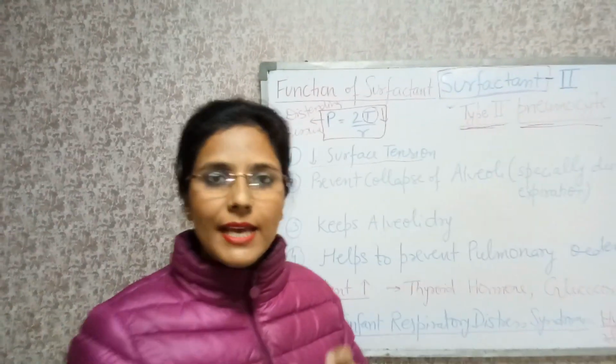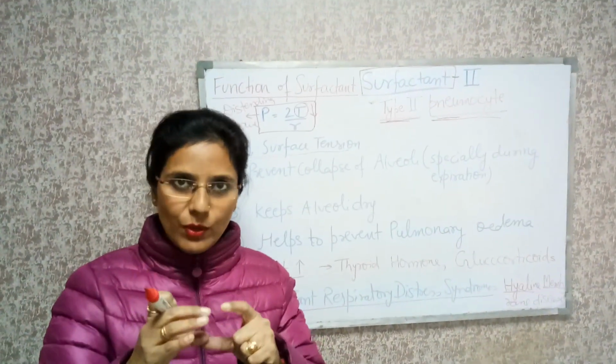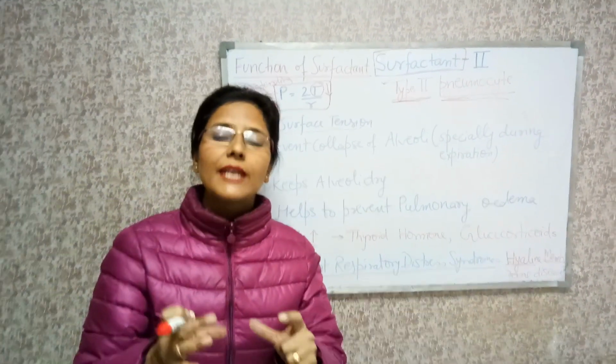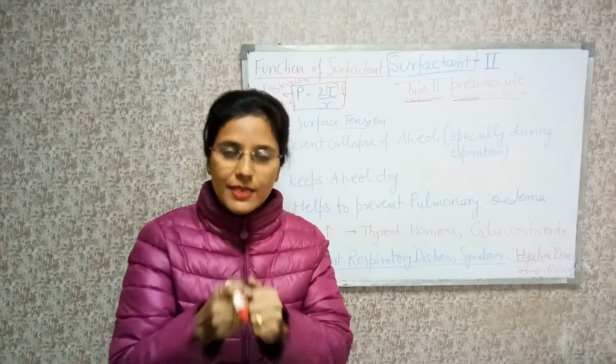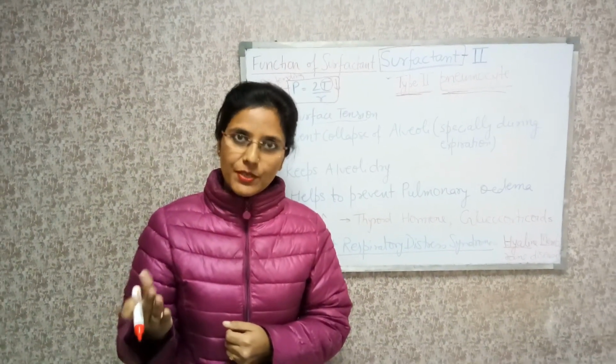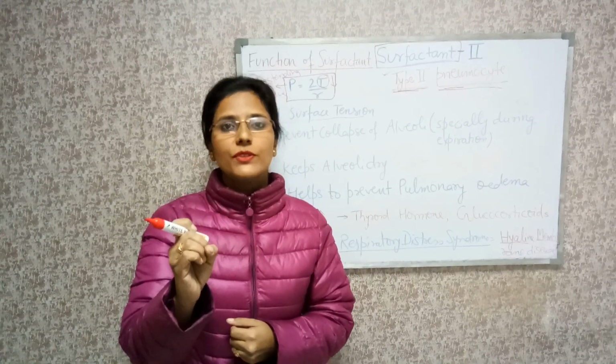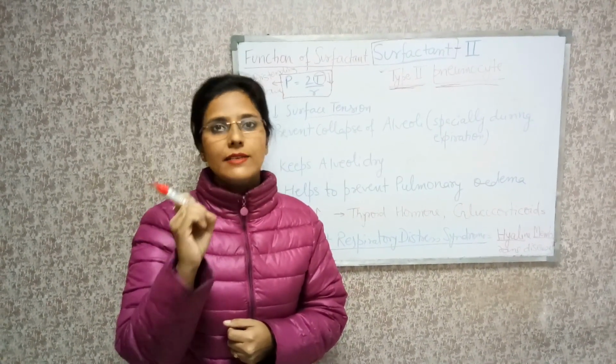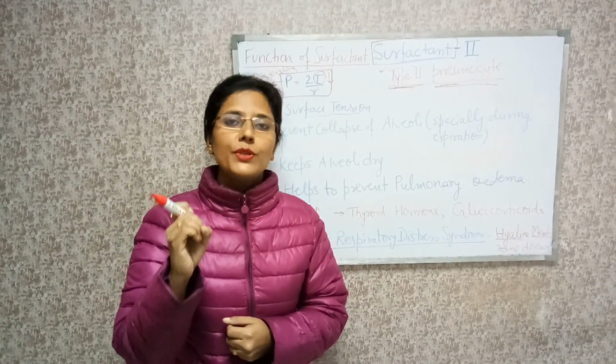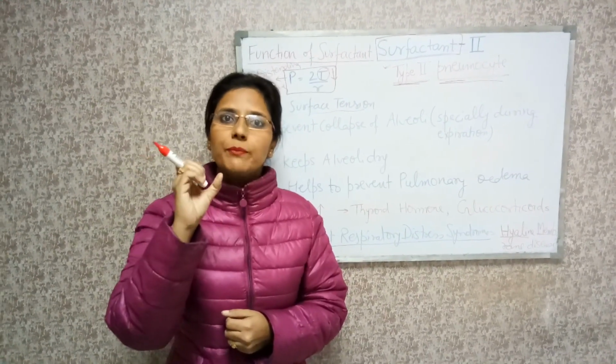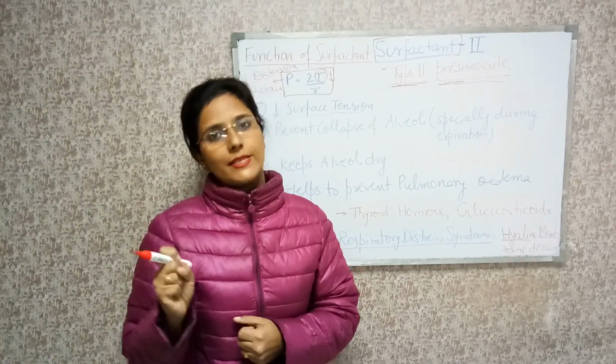It means it helps to keep the alveoli open, or you can say it prevents the collapse of alveoli, especially during expiration. During expiration, the chances of collapse of alveoli are higher and surfactant is more active during expiration, so it prevents the collapse of alveoli.